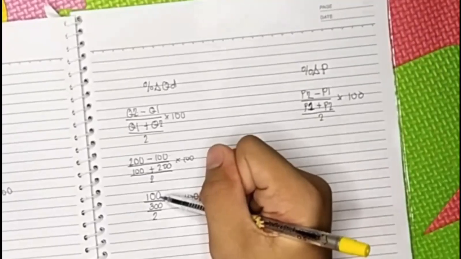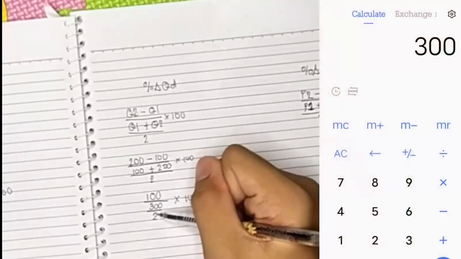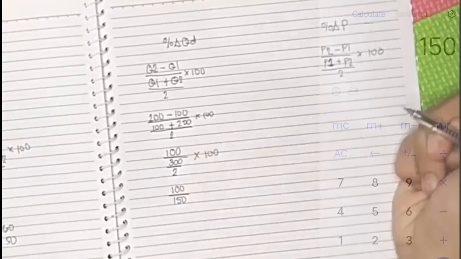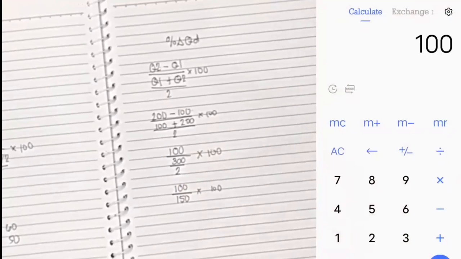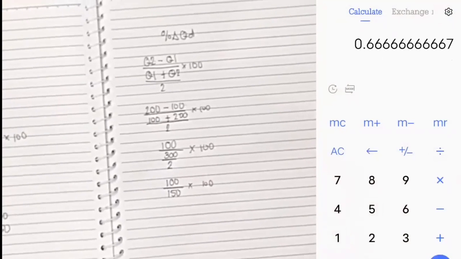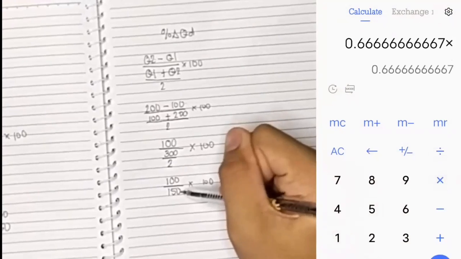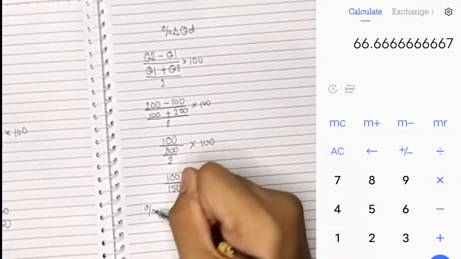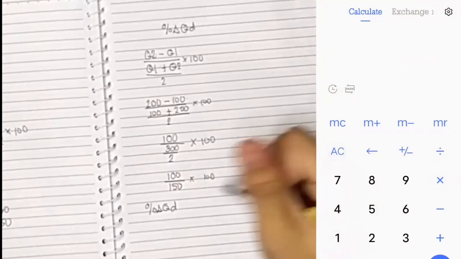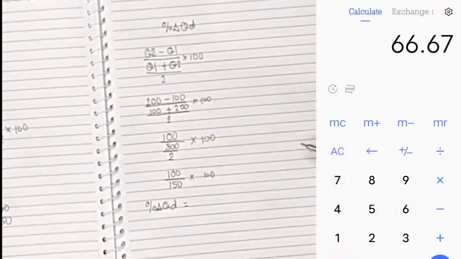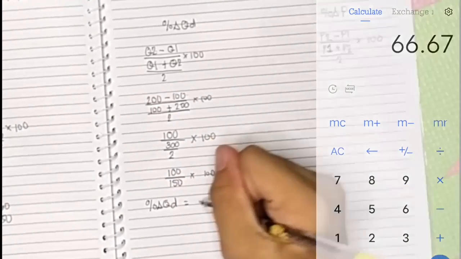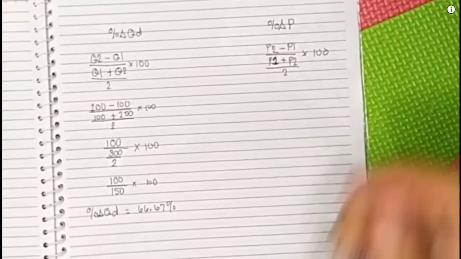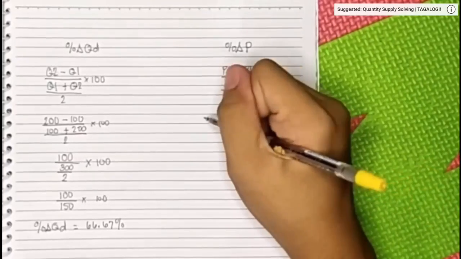So next, you have to divide 300 by 2, which is equal to 150. And after that, times 100. 100 divided by 150 times 100. So you have to round it off. So the answer is 66.67%.